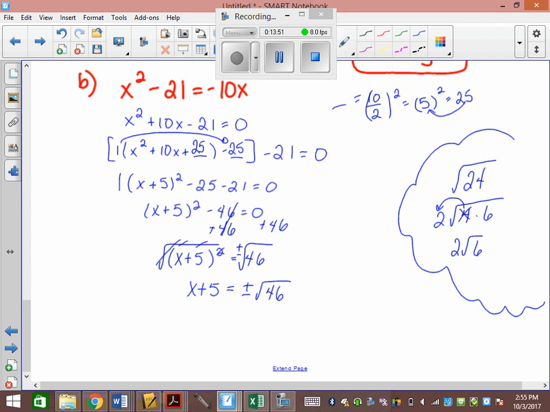Now, if it says exact values, can I turn them into decimals? No, exact values means once you have it in your nice little radical, stop the madness. Don't make it worse. Subtract 5. x = -5 ± √46. And now we're happy because we have it in x = form and I asked you to solve.